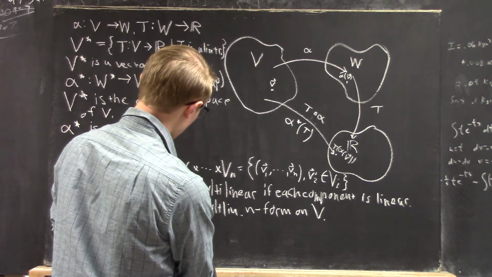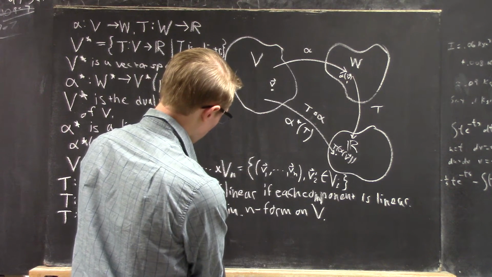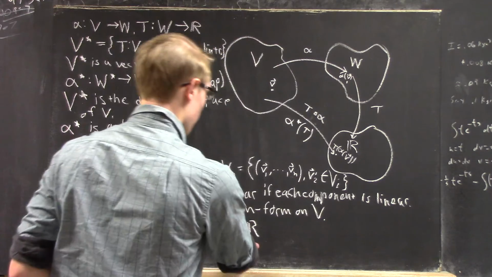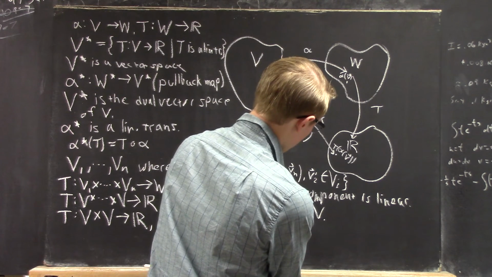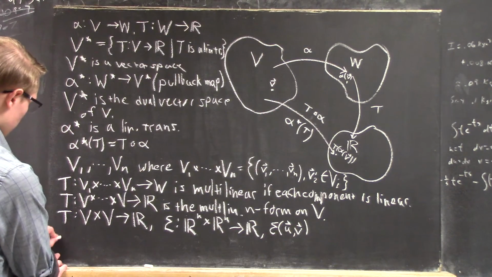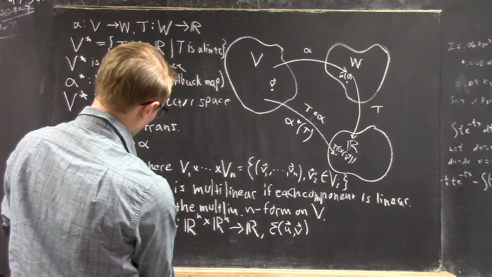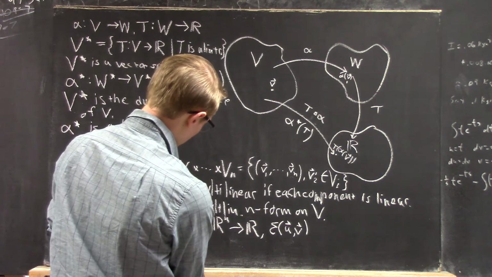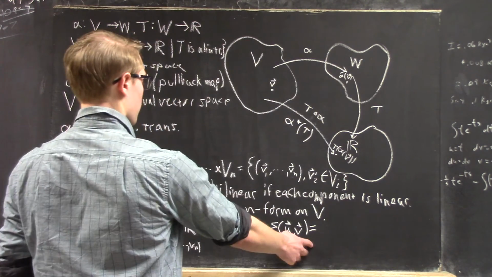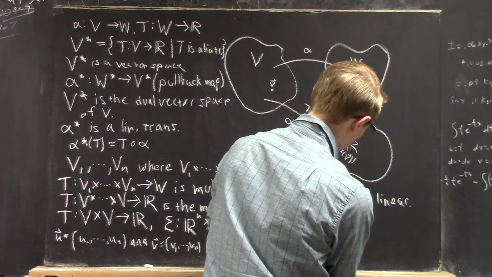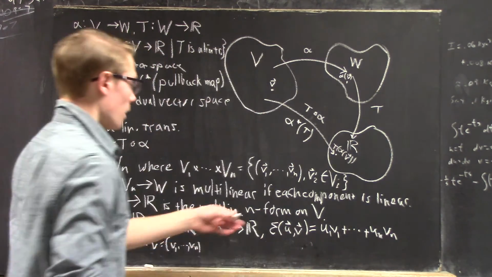For instance, if we define that transformation as epsilon, that is the transformation from Rn cross Rn to the set of all real numbers, and that would be given by two vectors u and v, where vector u equals u1 through un, and vector v equals v1 through vn, then defining this as a dot product, we would have u1 times v1 plus all the way to un times vn, a particular example of bilinear mapping.